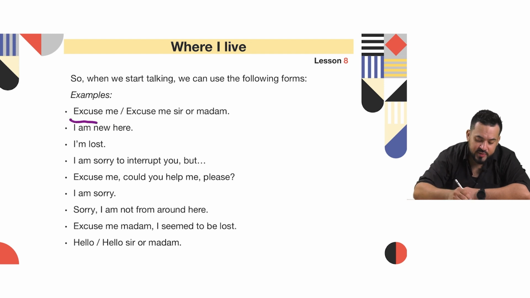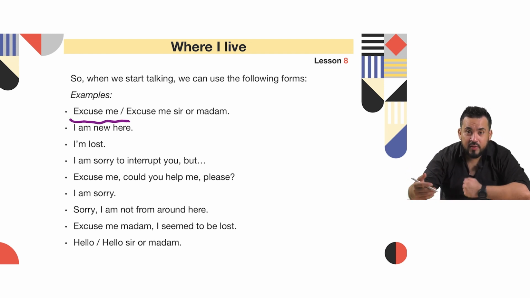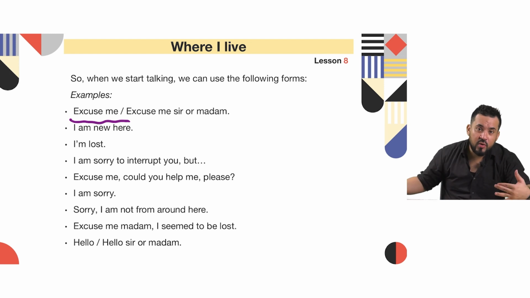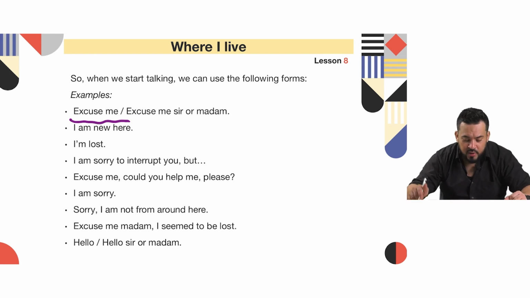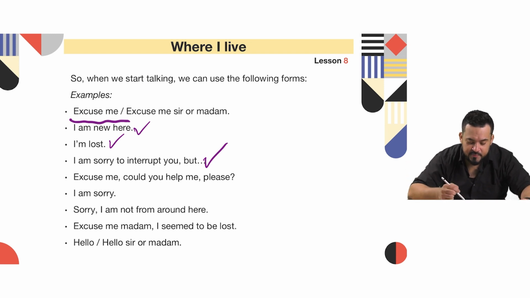You say, excuse me, sir or madam. If it was a male, we say sir. Women, we say madam. Excuse me, sir, madam, I'm new here. Or we can say, I'm lost. You can also use this phrase, I'm sorry to interrupt you, but, and you continue your sentence.